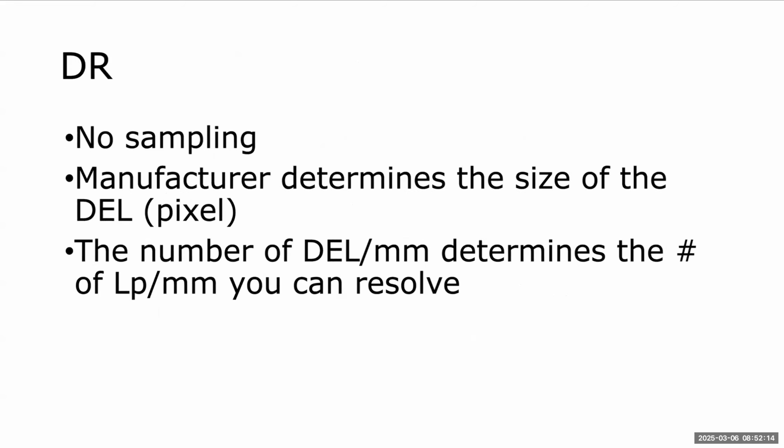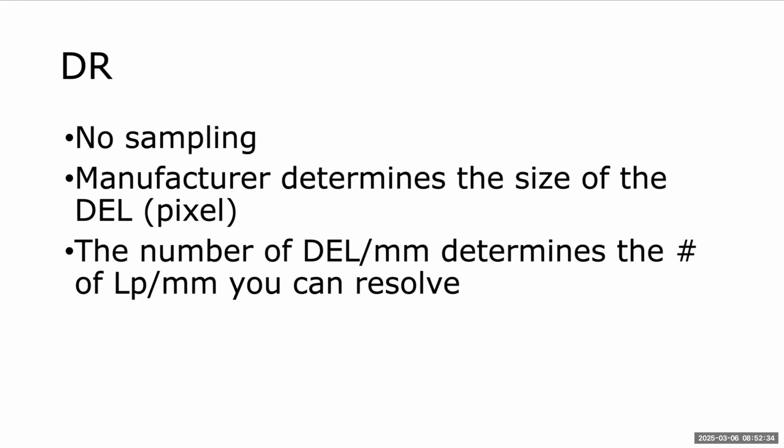With DR, direct radiography, there is no sampling. There is no scanning of a plate like there is in CR. So the manufacturer is who determines the size of the dexel. So that is set during manufacturing. It does not change. We can't change that.